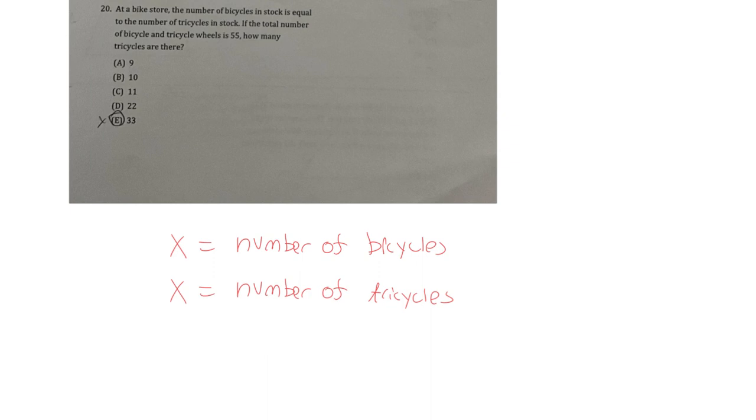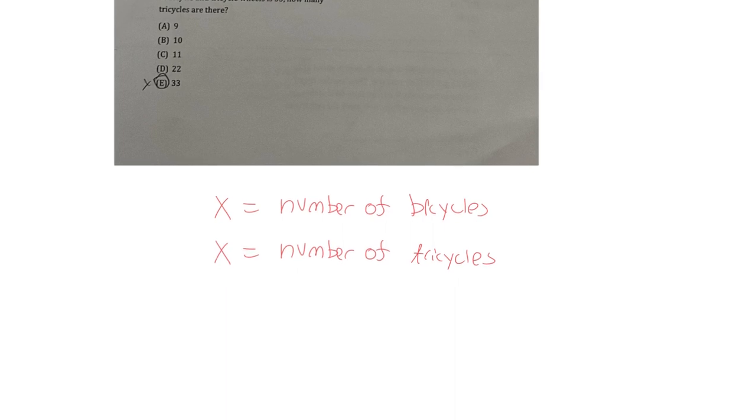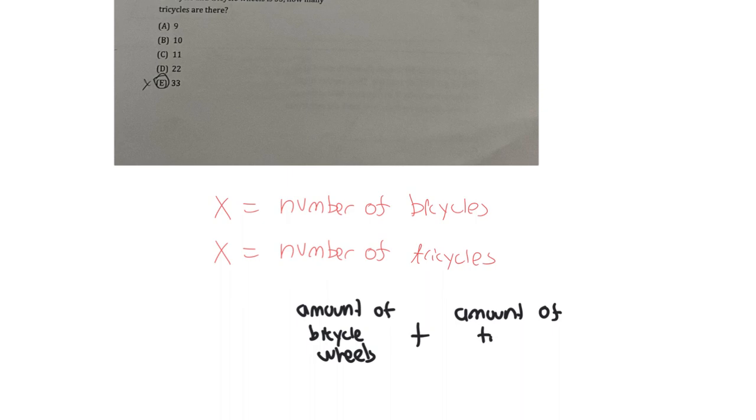And an equation that we could use is, we could say that the amount of bicycle wheels plus the amount of tricycle wheels, well, when you add all that, it's going to be 55 because that's literally what they told us, right?